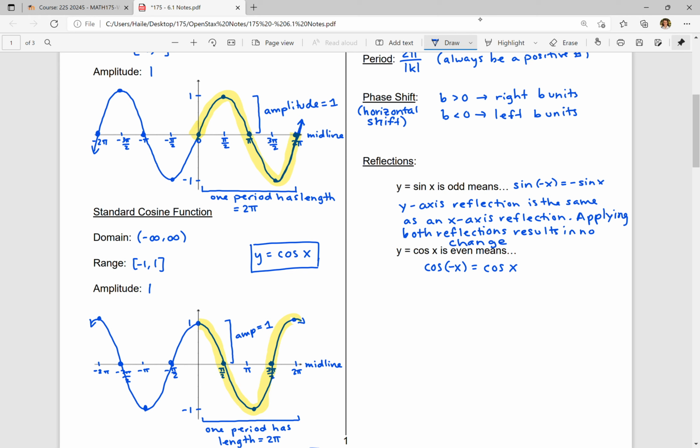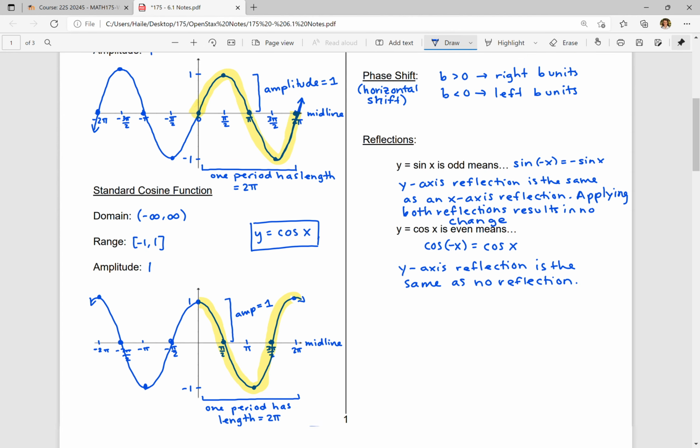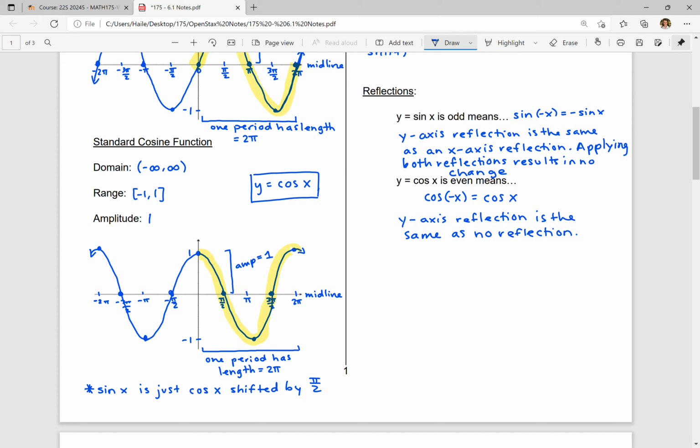And on the right side, when we don't have a negative sign at all, that's just our normal function. So what this is saying is that a y-axis reflection is the same as no reflection at all. Okay, so those are the special rules with sine and cosine being even and odd.